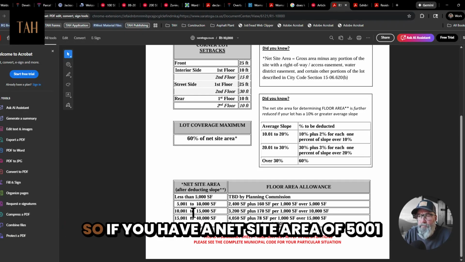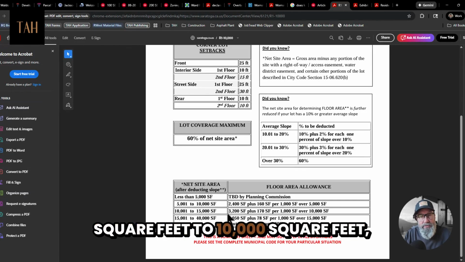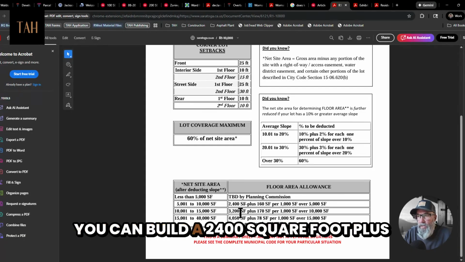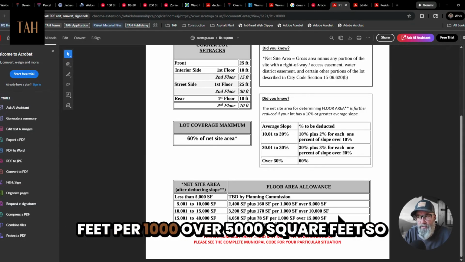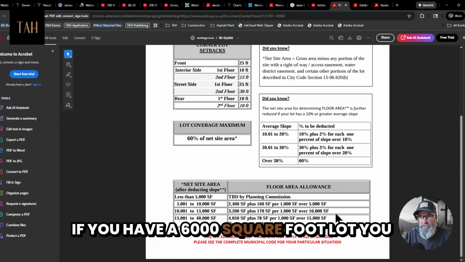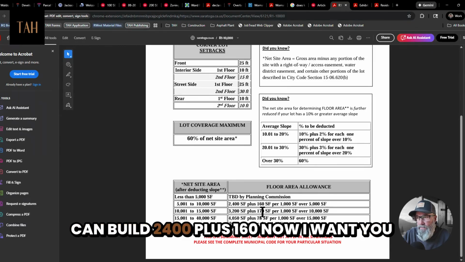If you have a net site area of 5,001 square feet to 10,000 square feet, you can build a 2,400 square foot house plus 160 square feet per 1,000 over 5,000 square feet. So if you have a 6,000 square foot lot, you can build 2,400 plus 160.